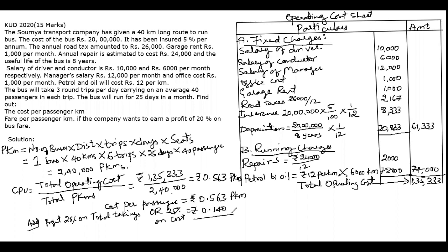So when we total this, it comes to 0.703. So what is this? This is fare charges. So this is 25% on cost, means 25 divided by 100. The cost we had calculated is 0.563.